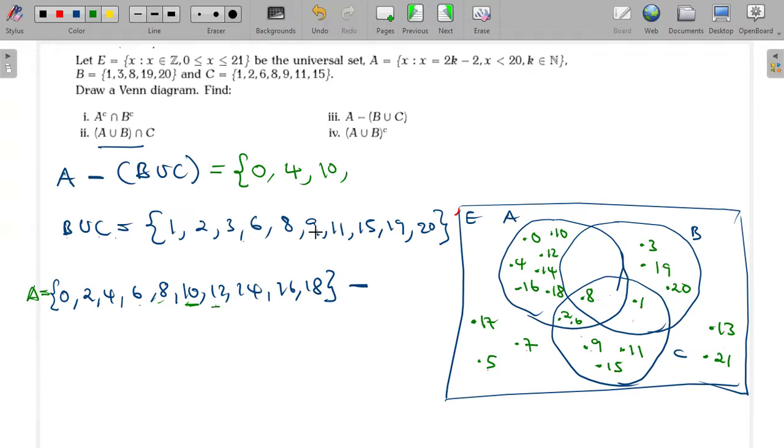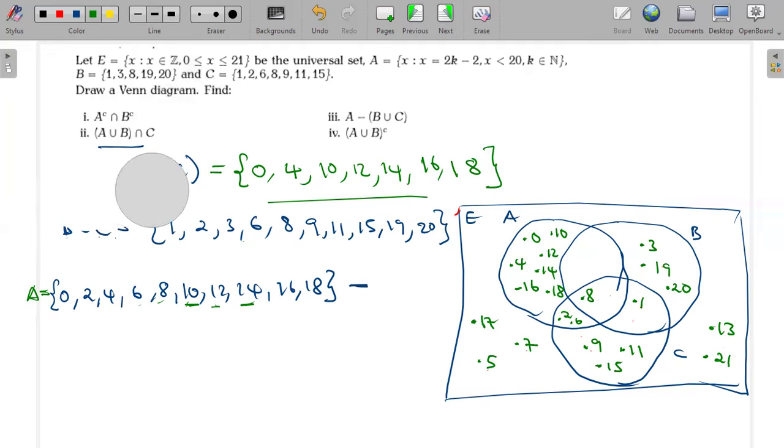Then you go 12, so 12 will be there. Then 14 is there, but it's not in this set. Then 16, 16 is also there, but not in that set. And then you have 18. So this here I then close. So this here is going to be my set difference, that is of A, set difference of the union of B and C.